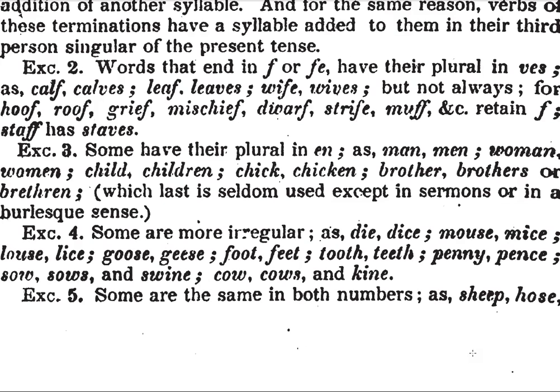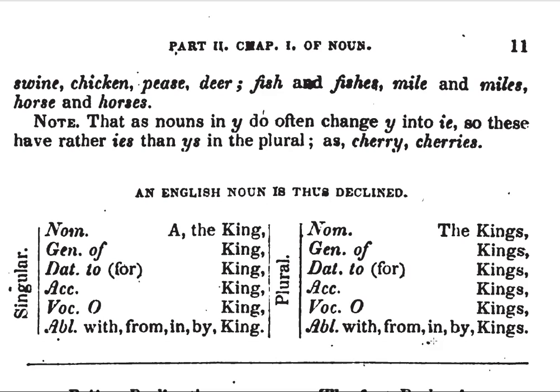Some are the same in both numbers, as in sheep, one sheep, many sheep, hose, one pair of hose, many pairs of hose. Swine, chicken, peas, deer, fish and fishes, mile and miles, horse and horses. Note that as nouns in Y do not often change the Y into IE, so these rather have IES rather than YS in the plural, as in cherry, cherries.